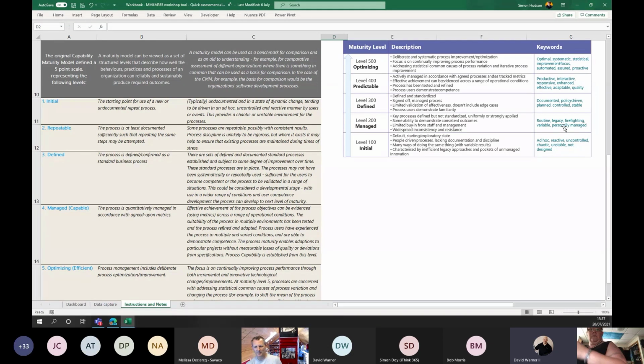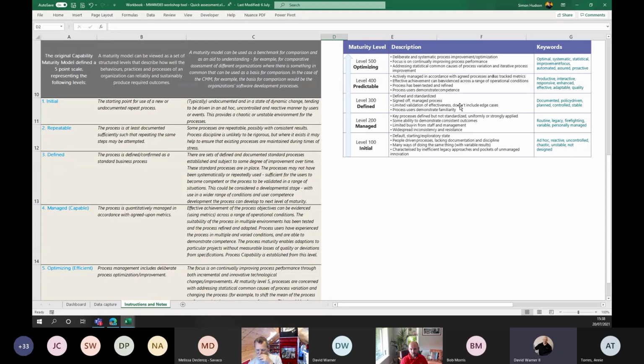And then we'll anchor that particular example as, well, that sounds like it's a level 200. No, it sounds like you've got some pretty defined processes and it's at level 300. So I do it by talking about the levels and then anchoring it against their examples. Then I would probably go on to say, so let's imagine you made this stuff better.